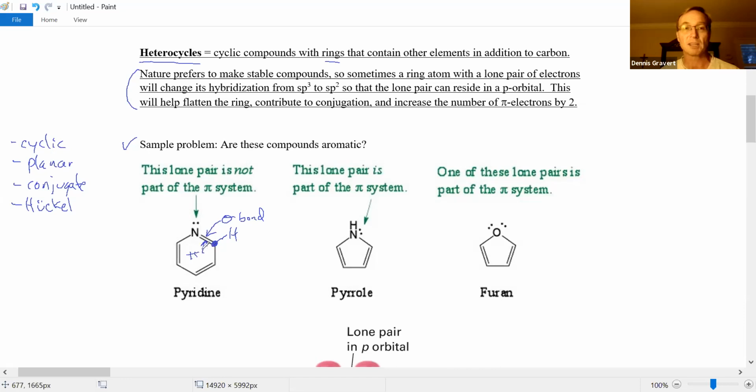And I'm arbitrarily picking one line to be pi. It could be the other one. But pi bonds come about from p orbitals overlapping. The main idea here is for this carbon to make a pi bond, it needs a p orbital.